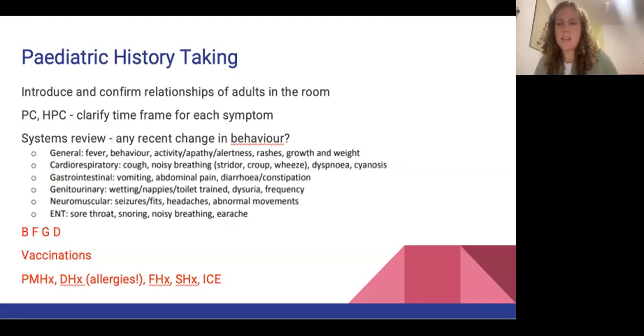I'd say the key things for children: first, a lot of the social aspects are really important. So it's always important to confirm who's in the room, the relationship to the patient, and always address both the patient and the parent. But usually you'll be getting your history from the parent, unless the patient's like 15, 16, a bit older.